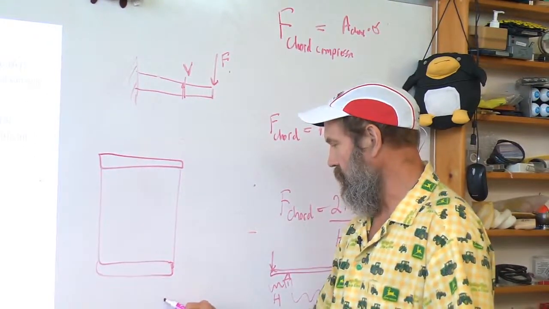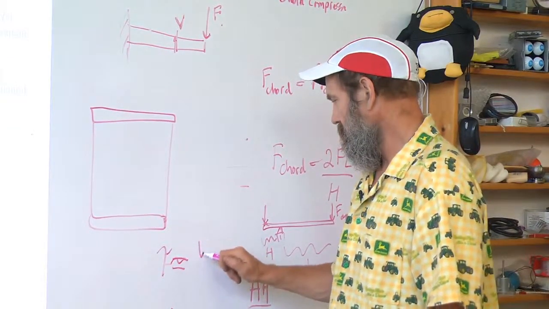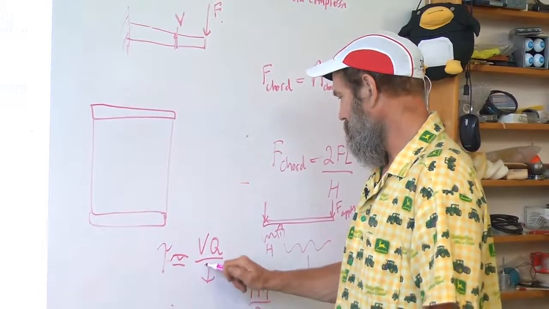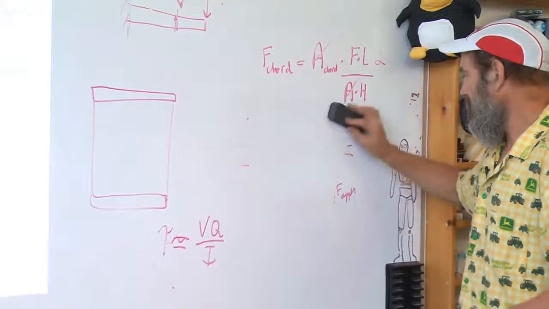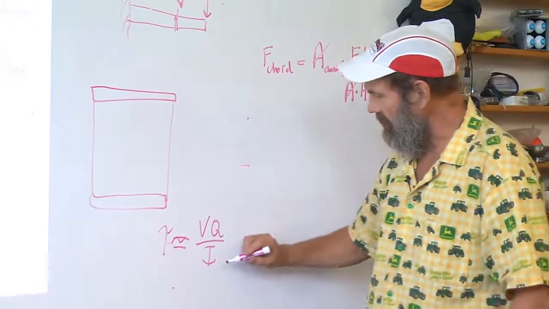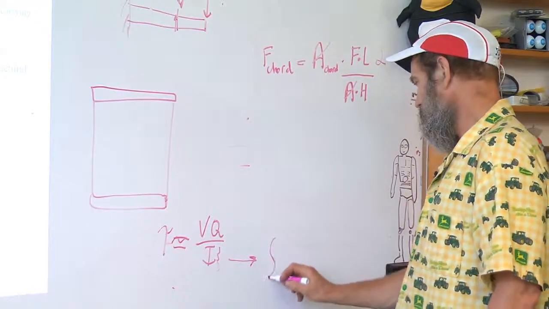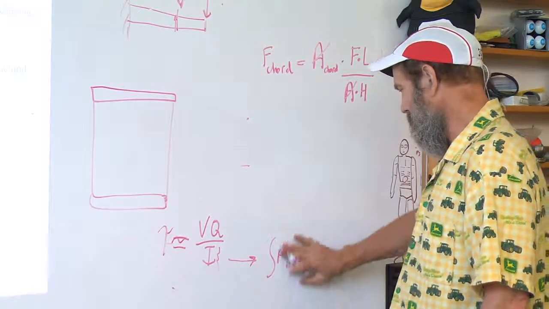And it turns out that the shear stress is a term like VQ over I, where I is what we know as the second moment of the area, which we get from the integral of y squared dA.